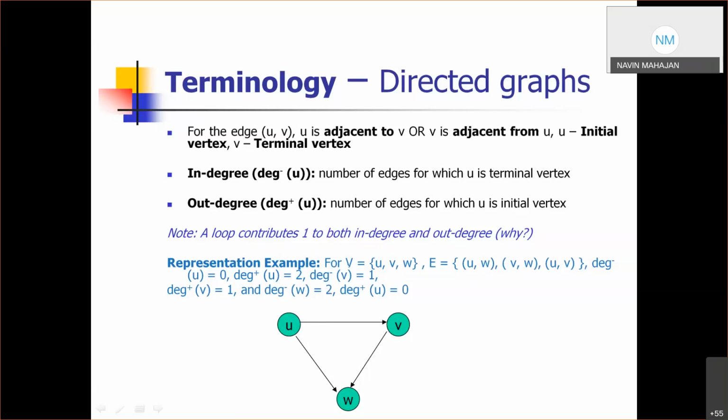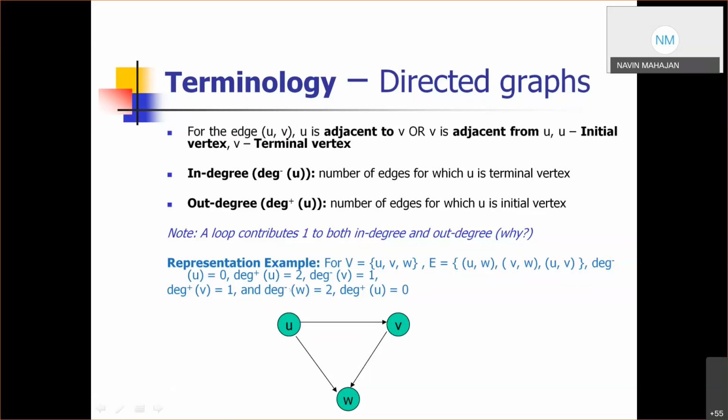Representation example for U, V, W, 3 vertices. What are the edges here? Edges are U to V, U to W and V to W. What about degree of U? In degree is 0, so we write degree minus here, that is in degree, and degree plus out degree of U equal to 2. Now in degree of V is how much? 1. Degree plus out degree of V equal to 1.